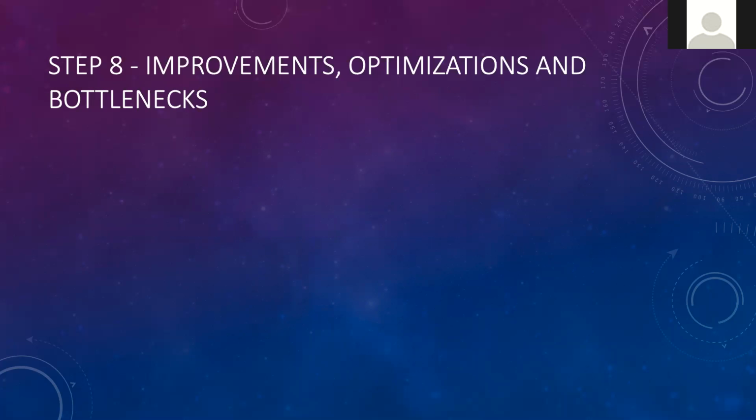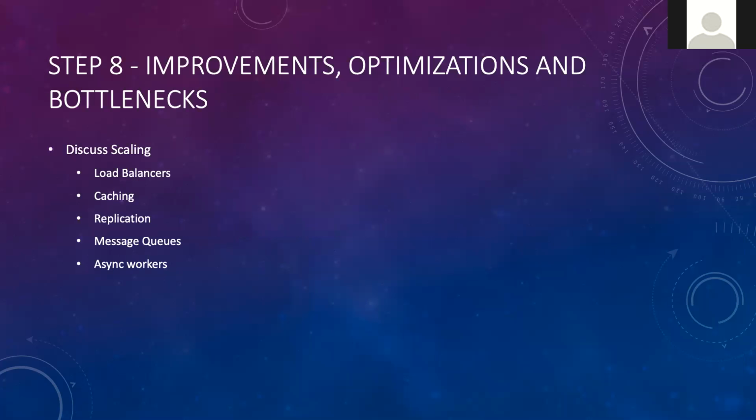And now next step is where you take it to the next level. You talk about improvements, optimizations, and bottlenecks. So at this point, you also discuss scaling. When you talk about scaling, you essentially identify the single points of failure, the load balancers which are there, how do you achieve redundancy, at what points you place the load balancers, at what layers you add the caching layers.